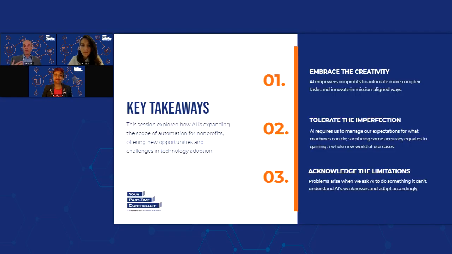So with that, we're going to go ahead and wrap things up. It's at the top of the hour. There's a great takeaway slide here where we're urging you all to embrace the creativity of these new probability machines that are AI tools, and how they can work together with traditional automation tools to do way more than we had ever imagined that automation could do before.